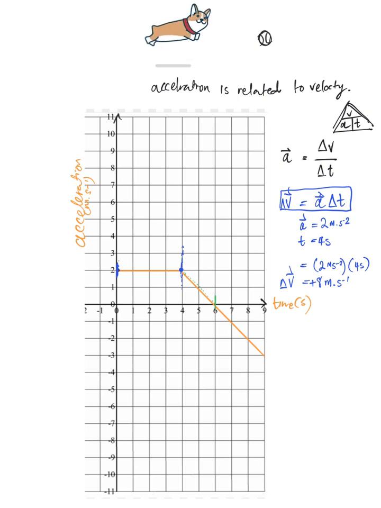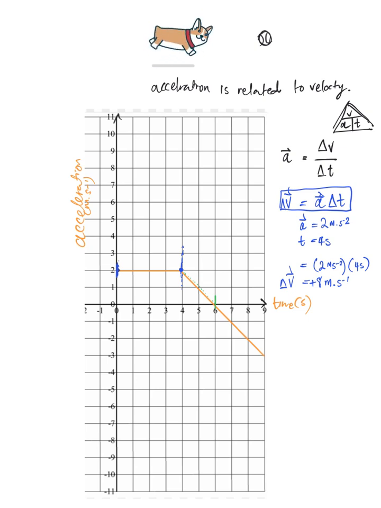So it's the change in velocity for the first 4 seconds. Not just velocity, the change in velocity, meaning that in that 4 seconds, that's how much the velocity has changed.